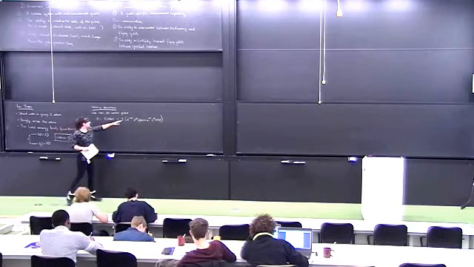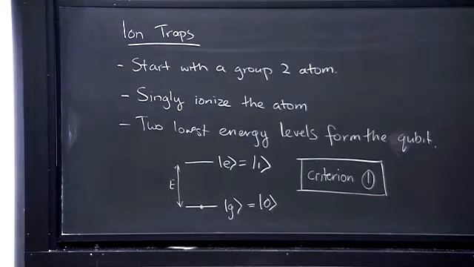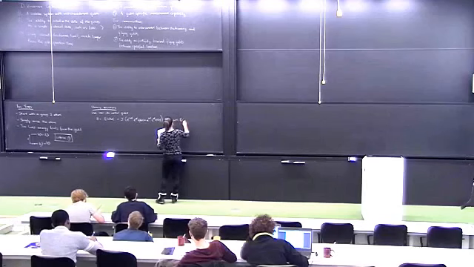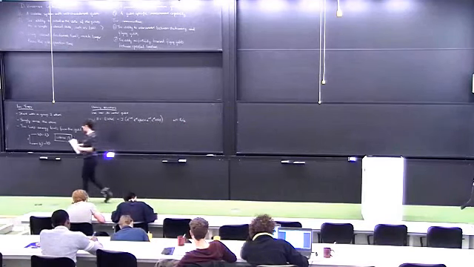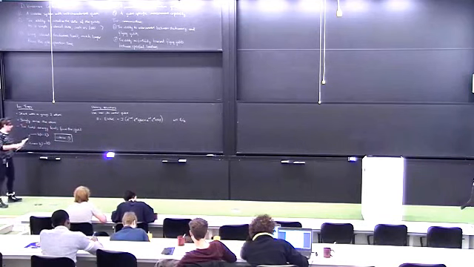Omega is the frequency of the laser, and we're going to set omega to be E over h bar so that it is on resonance with the atom.